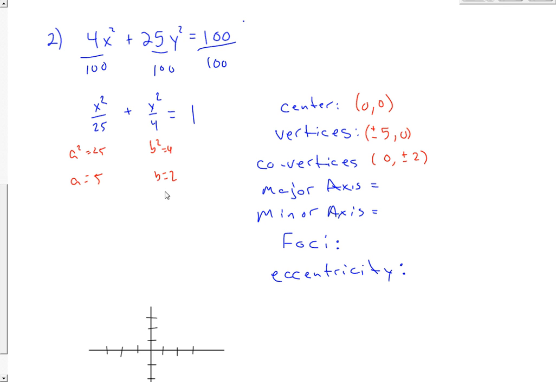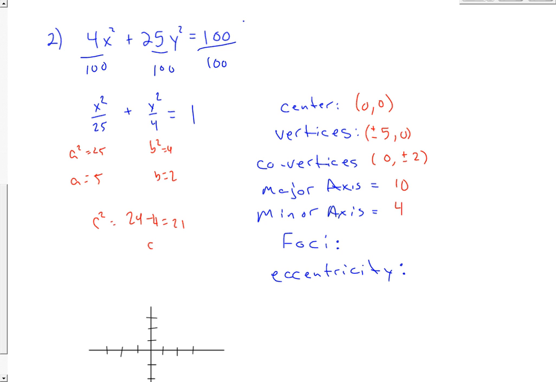My major axis is twice the value of a, so 10. My minor is twice the value of b, so 2 times 2 is 4. My foci, I take 25 minus 4, which is 21. That's my c squared.